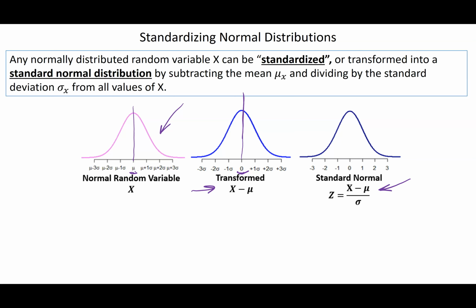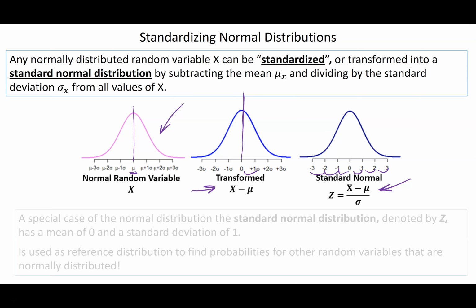Then when you divide by sigma, this now makes it the number of standard deviations away. Because for this last problem, it could have been 10 or 12 for each of these, and it's really hard. It's going to change from place to place.